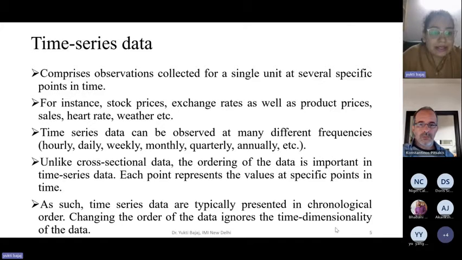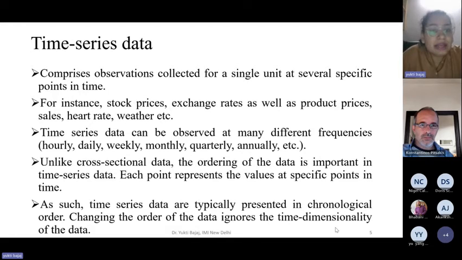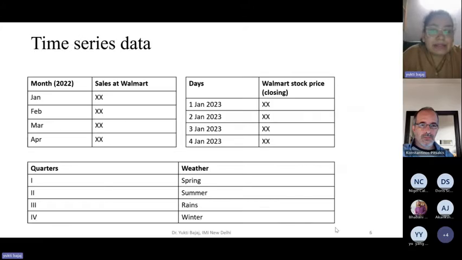Moving ahead, there's one very important point of difference between cross-section and time series. If you look at cross-section data here, if I place India on the third row and USA on the first row, it hardly will make any difference in the outcomes. However, when I talk about time series data, say for example, if you want to check the sales trend of Walmart, the January, February, March, April months, the time periods are very important and they should be as they are.